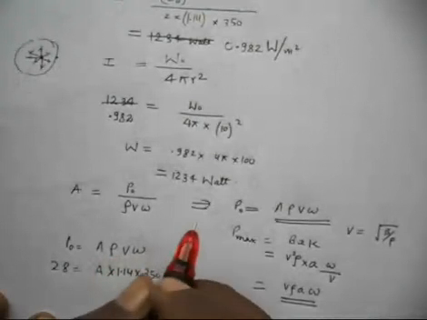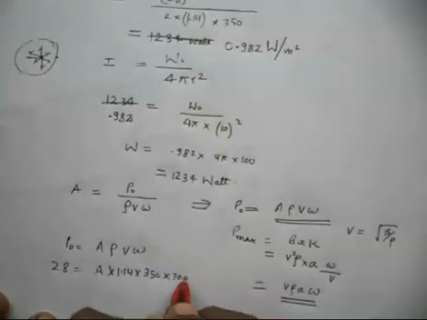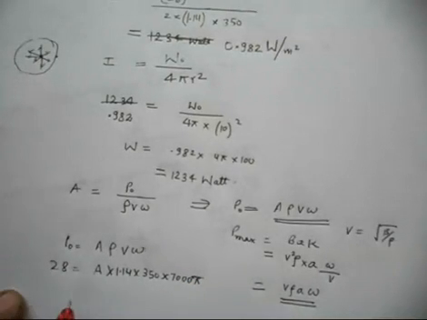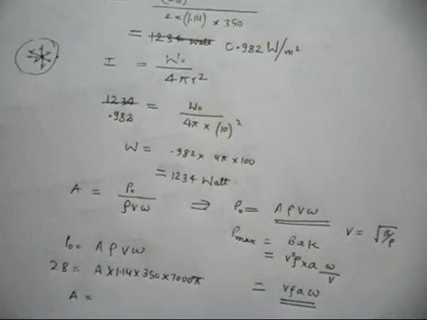Omega we already know, this is 7000 pi. Now from here I can calculate the value of A. So let me do the calculation: 28 divided by 1.14, divided by 350, divided by 7000, and then divided by pi.